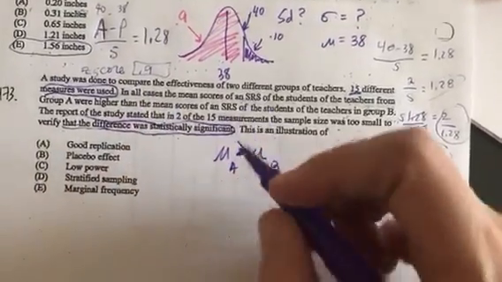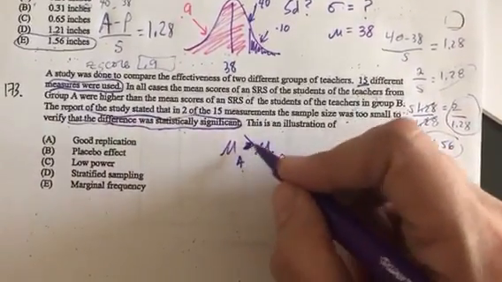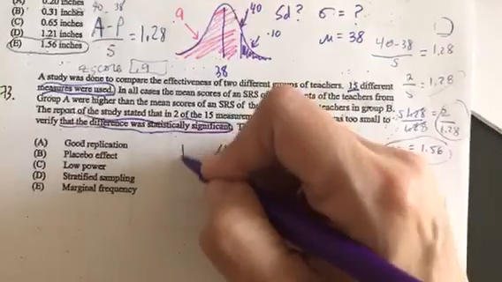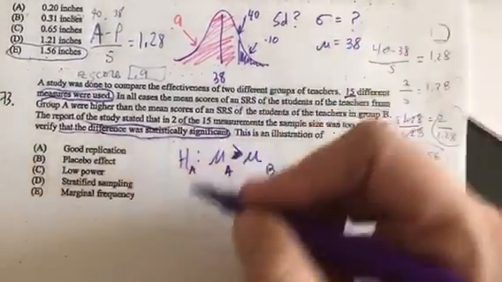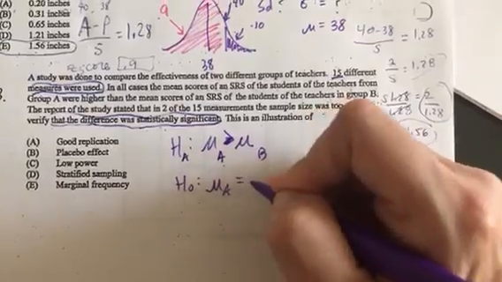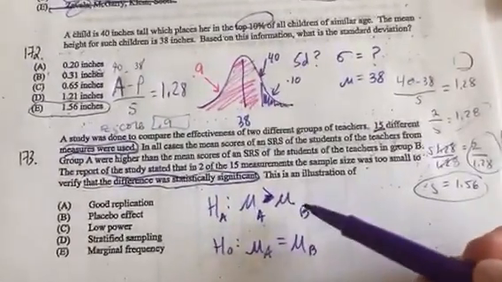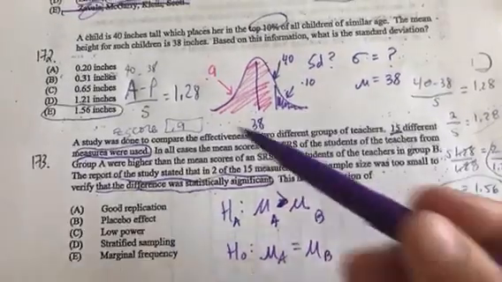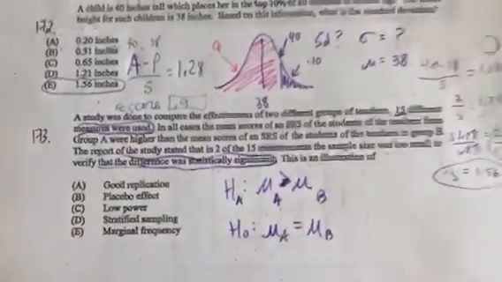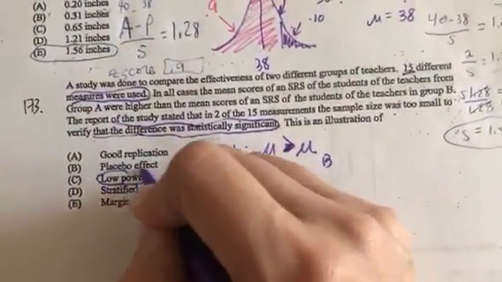Because it appears as if in all cases, mu A was greater than mu B, which sounds like that should be enough evidence. We're presuming that H sub 0, the null hypothesis, is that they're the same. And we ended up gathering information showing that group A was bigger than group B, but there still was no statistical difference. And this has to do with the power.